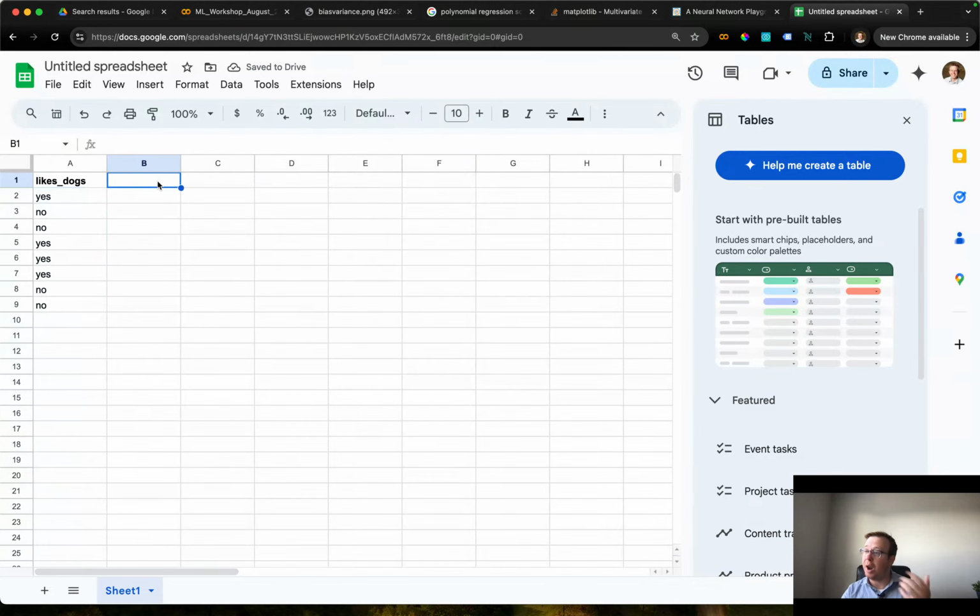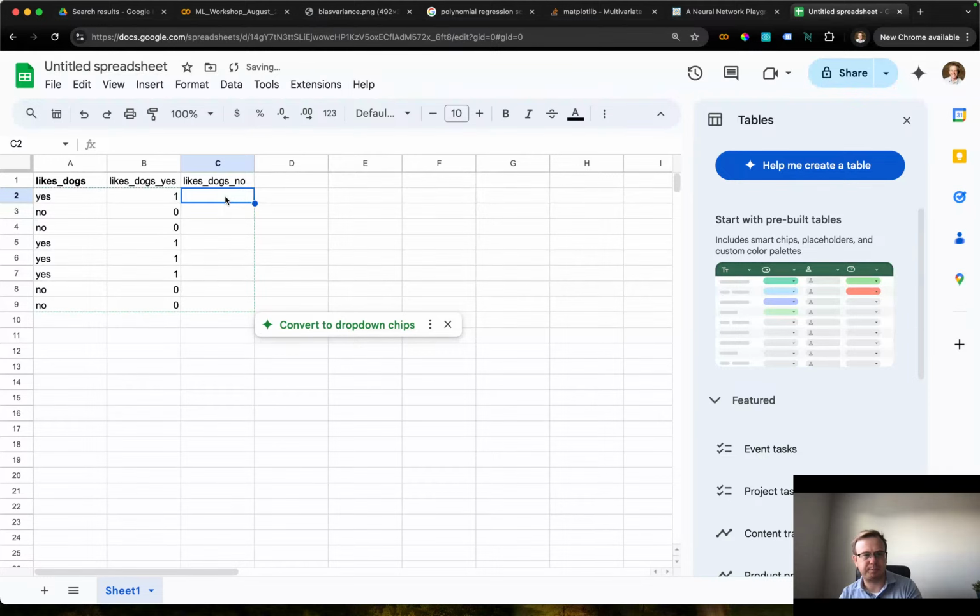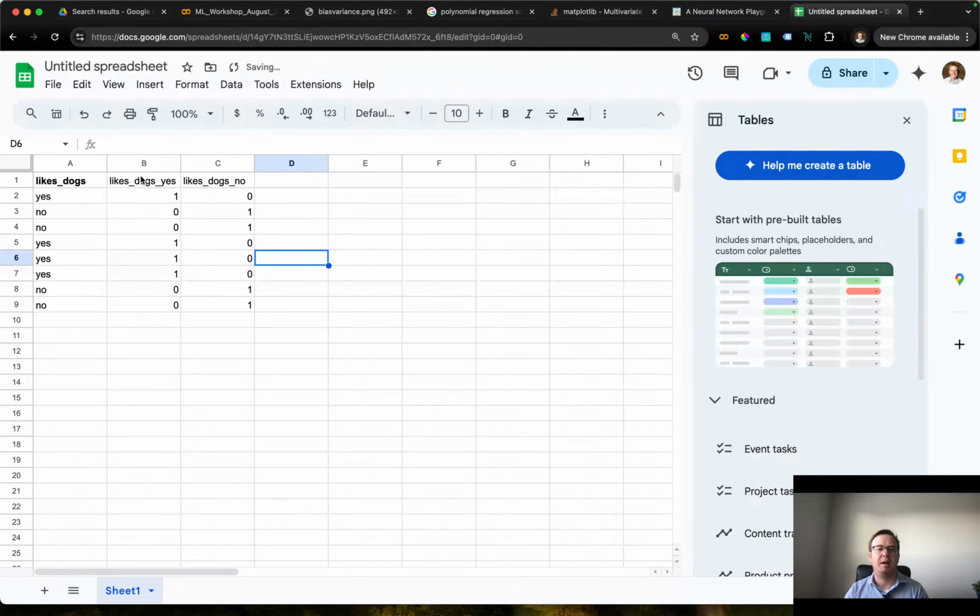If I were to one-hot encode this, I would get 2 new columns: likes dogs yes and likes dogs no. I would get 1s where I have likes dogs yes, and 0s where I don't like dogs. And then this column would be the opposite.